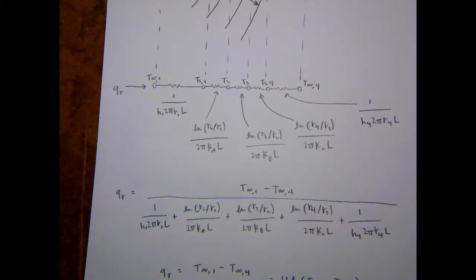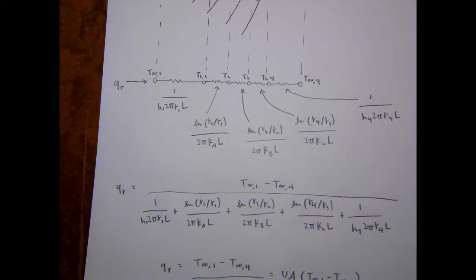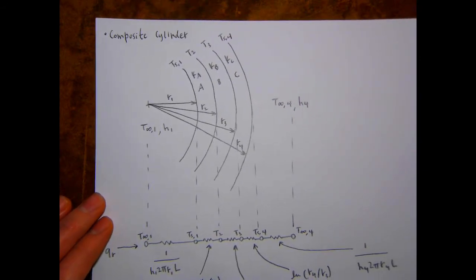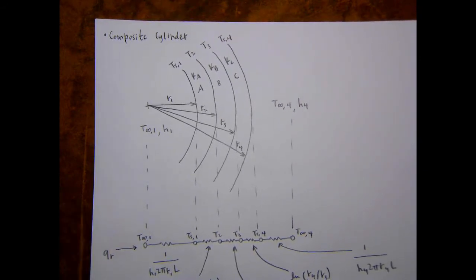Okay, so it's helpful to have an overall picture of what we've done so far, for every setup we've had so far, just trying to draw the distinction between what we're doing now and what we're going to be doing next, which is going through the same process for extended surfaces, so fins.